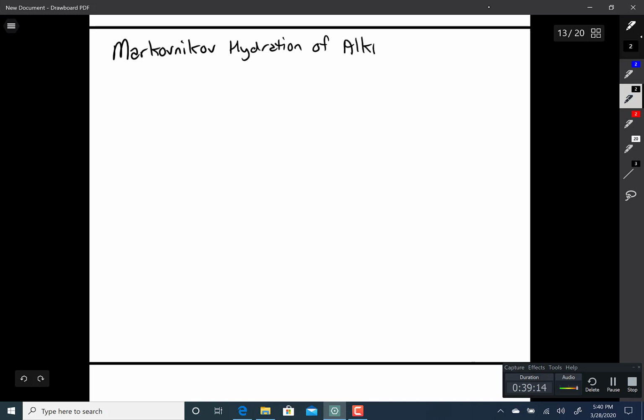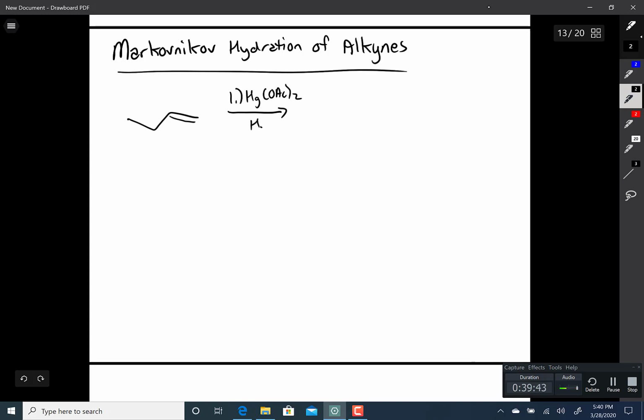Now I did the anti-Markovnikov addition of alkynes first, because those are the same conditions used for alkenes. When it comes to the Markovnikov hydration of alkynes, it's a little different. So with an alkene, the conditions are oxymercuration. It's a two-step procedure.